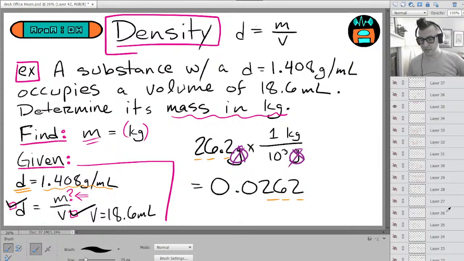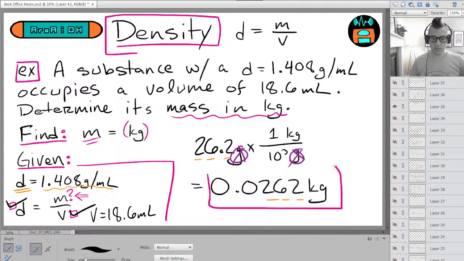Our units are kilograms. And this is our correct answer. 0.0262 kilograms is the mass of a substance with a density of 1.408 grams per milliliter and a volume of 18.6 milliliters.